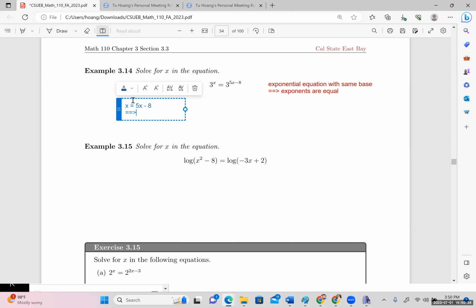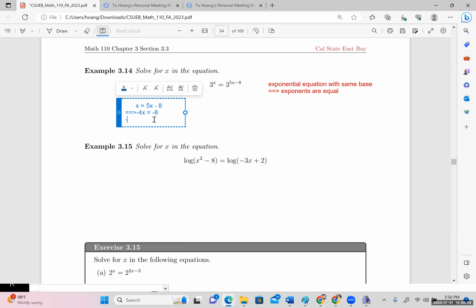So then I'm gonna subtract both sides by 5x. I'm gonna have negative 4x equal to negative 8.